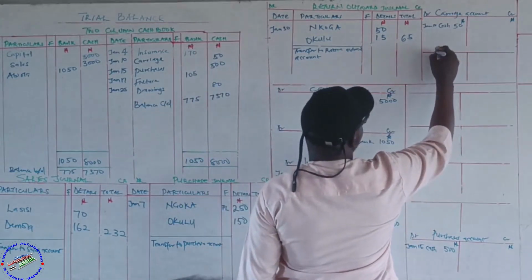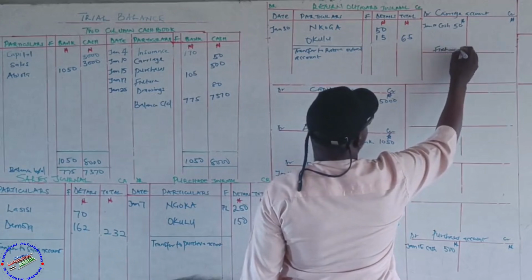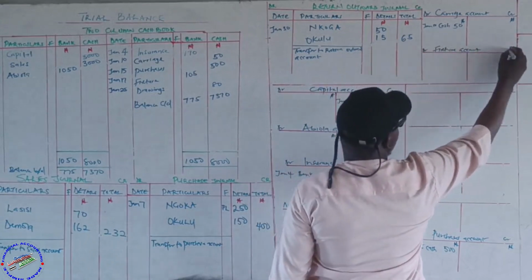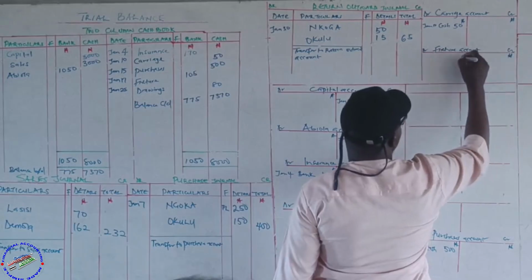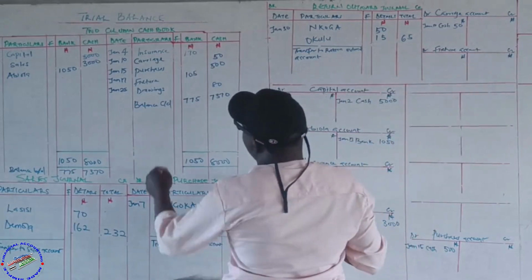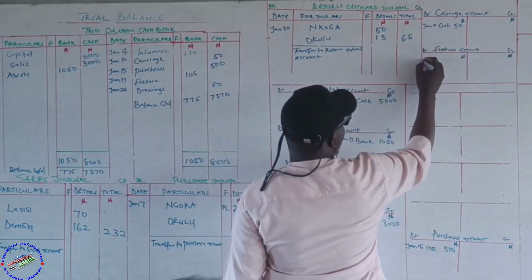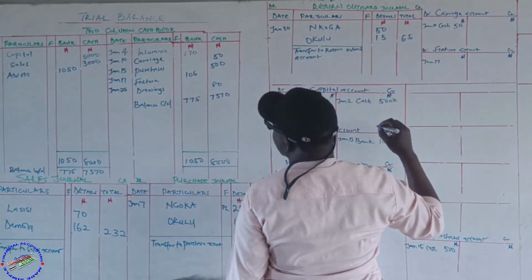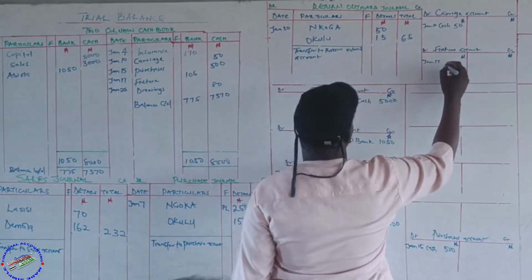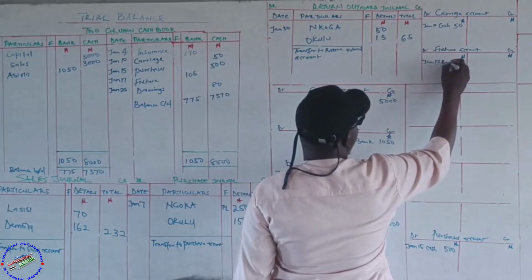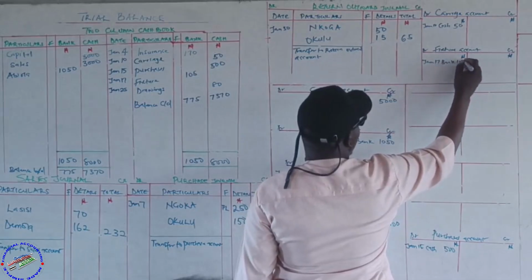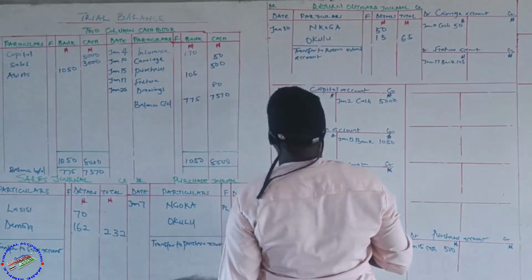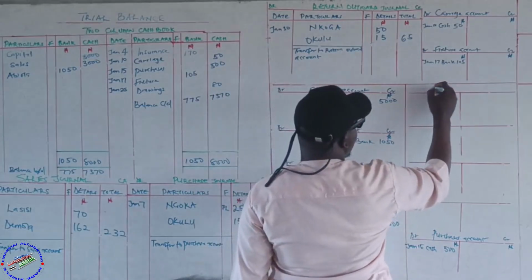The next one is fixture. Fixture account. That's January 17. That's 105 on the bank. So the next one is January 25, drawings.